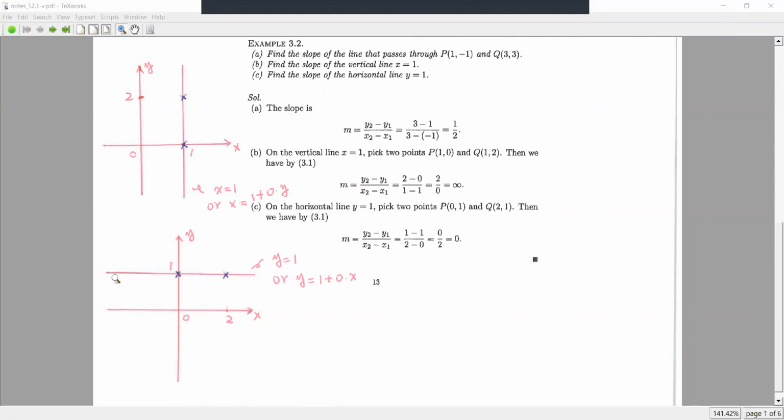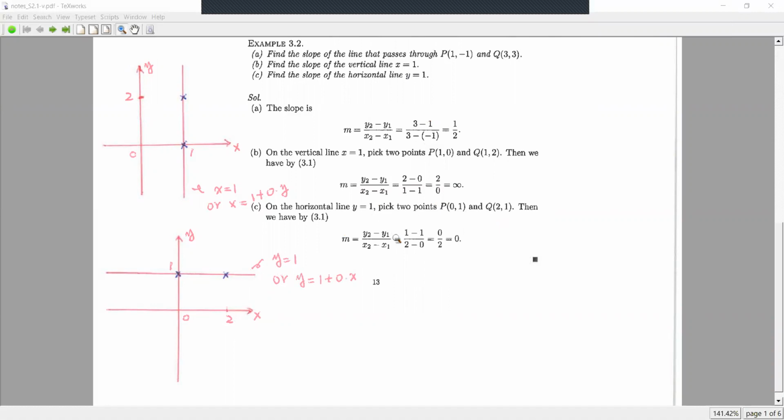Now, to tell the slope of this horizontal line, arbitrarily pick 2 points. Say I pick this point and this point. This point is point P, x coordinate is 0, y coordinate is 1. This point is point Q, x coordinate is 2, y coordinate is 1.